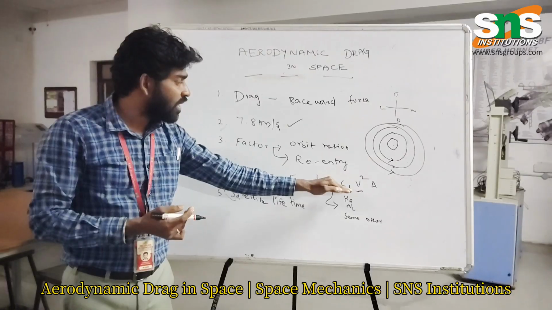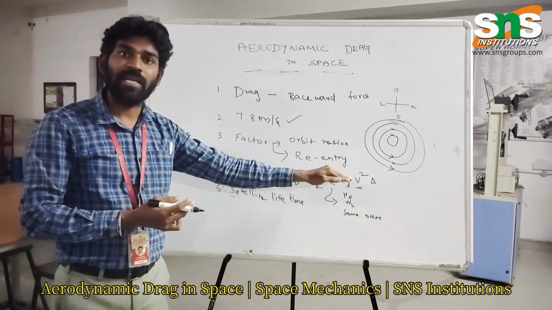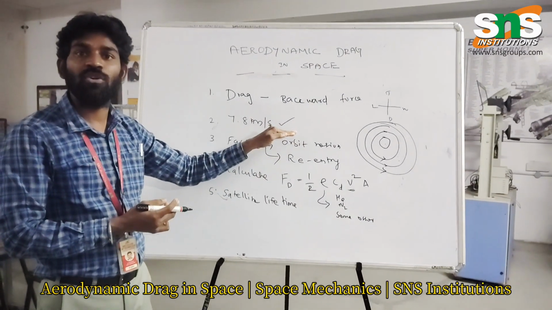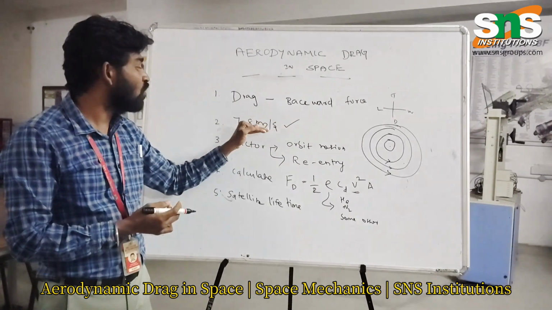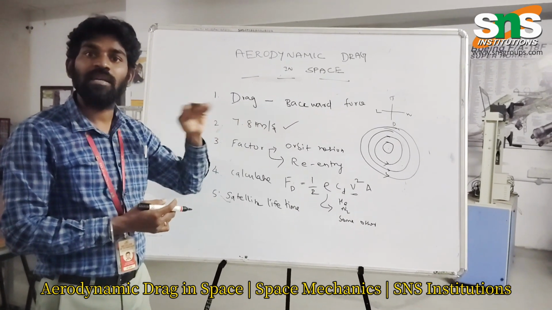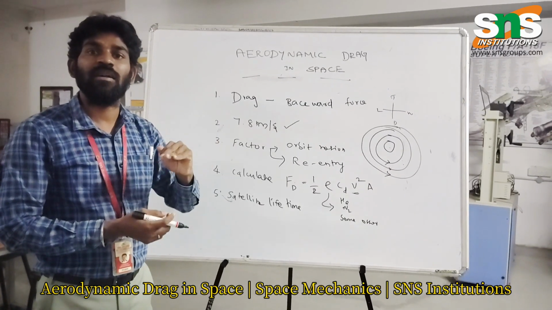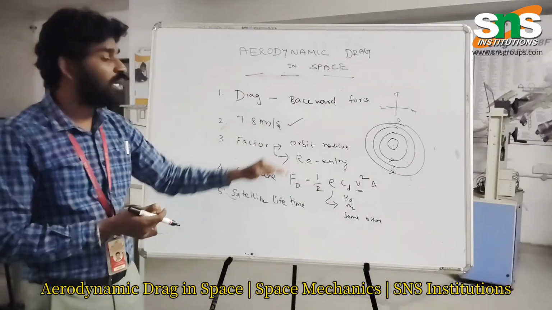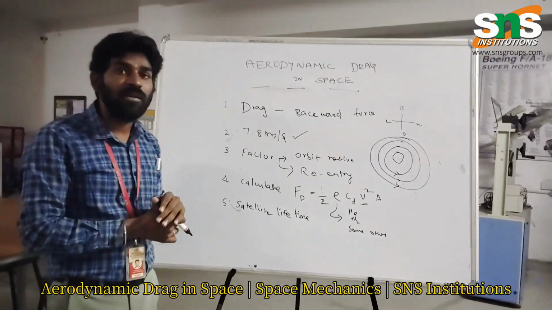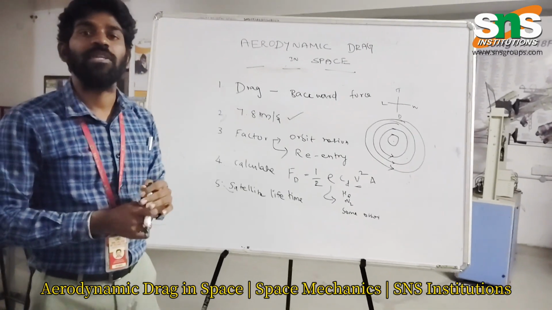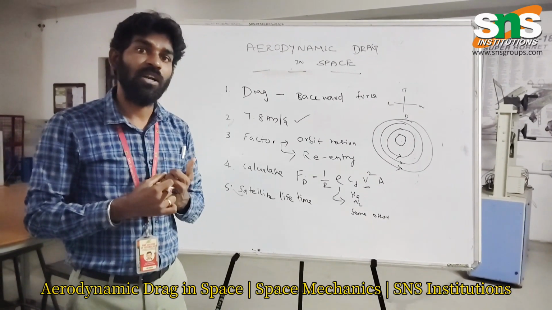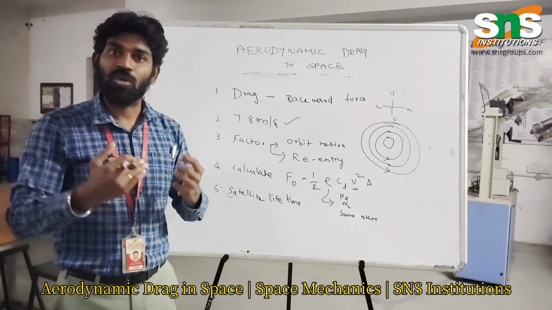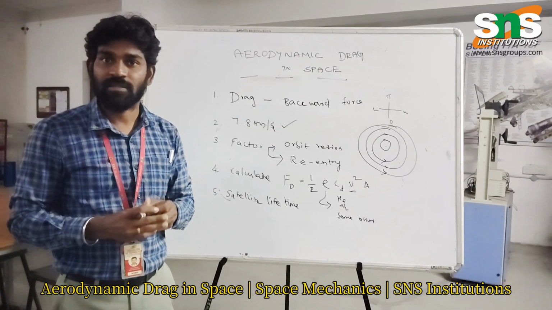When we calculate the drag equation, the velocity value is surely a higher value, about 7.8 kilometers per second, and surely not lower. So these important parameters play a vital role when aircraft or astronauts travel into space from our earth. Thank you.